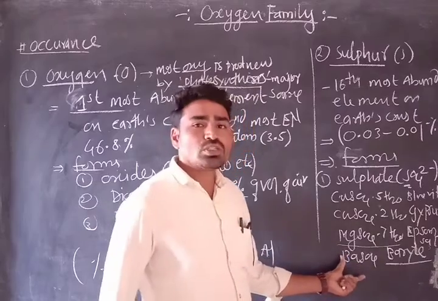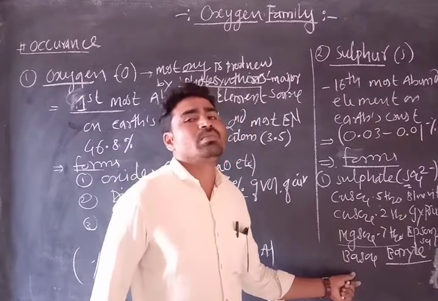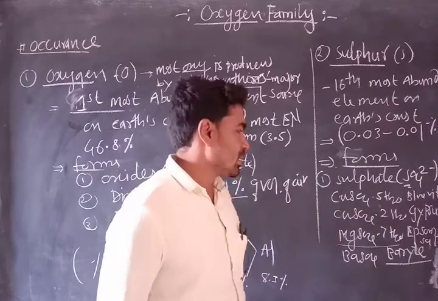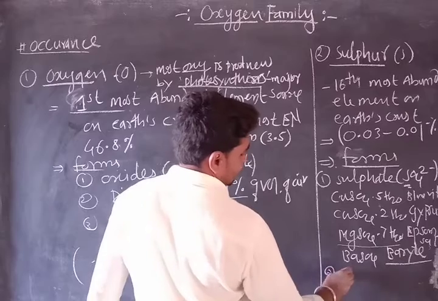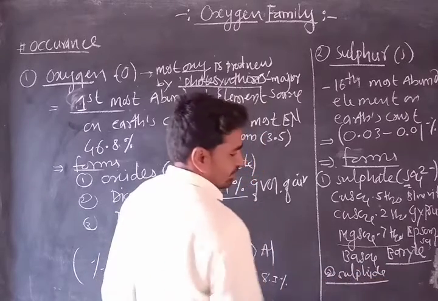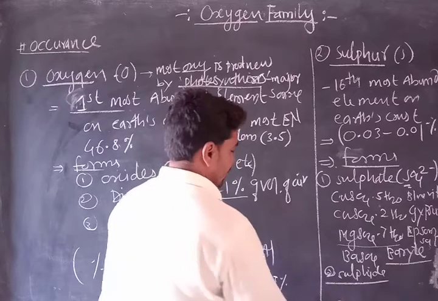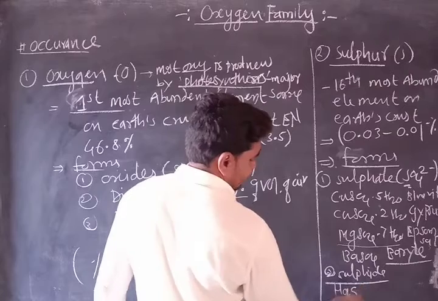This is one of the most important sulfate forms of barium, in which sulfur exists in the form of sulfate. It is also found in the form of sulfide, for example HgS.